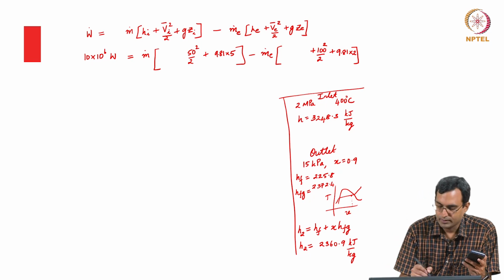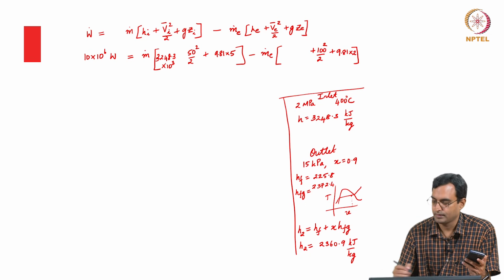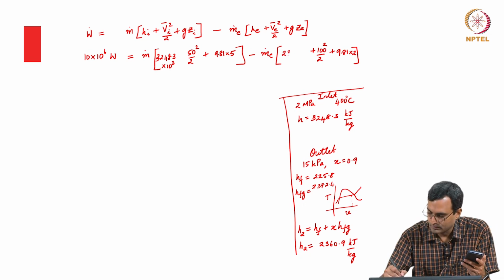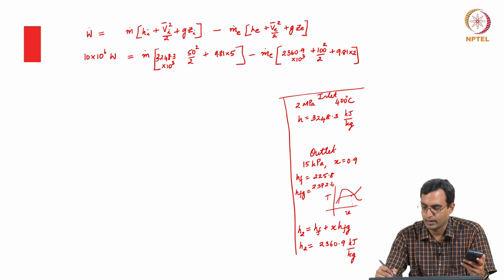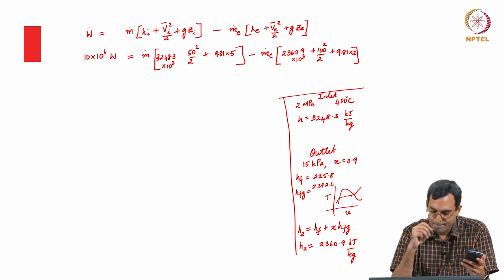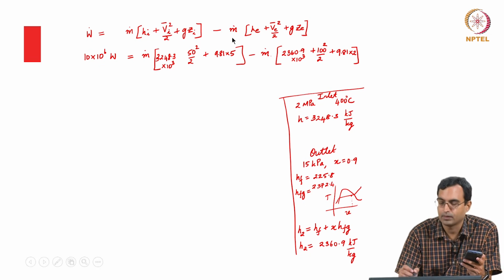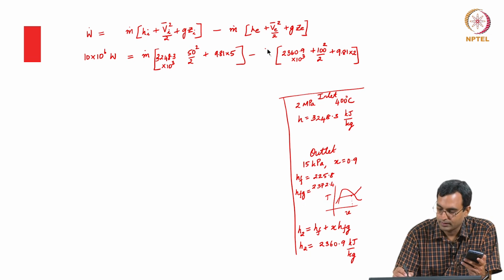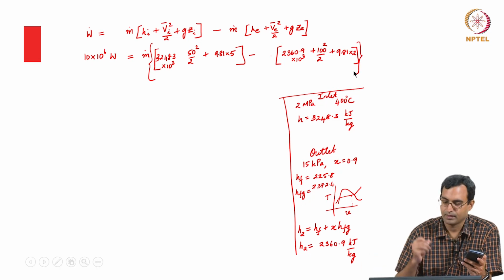So this is 3248 into 10 power 3, converted into joules per kg. This is 2360.9 into 10 power 3 joule per kg. Joule per kg is also meter square per second square, which is the same as this and the same as this. So I can find out m dot, it's this divided by, this is also the same, m e and m i are equal to m dot. So essentially I can also take this into one more bracket here, which will give me the value of m dot.